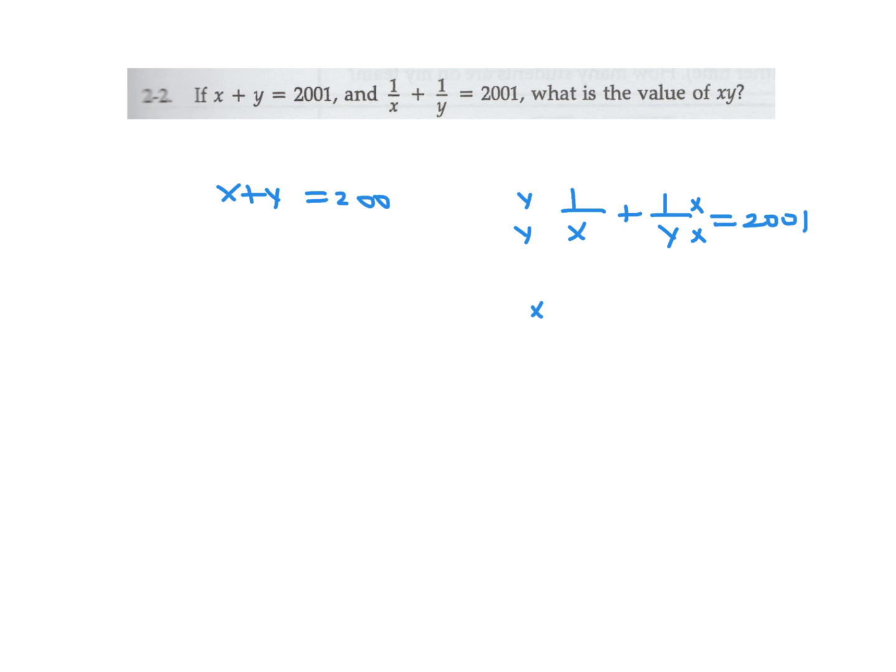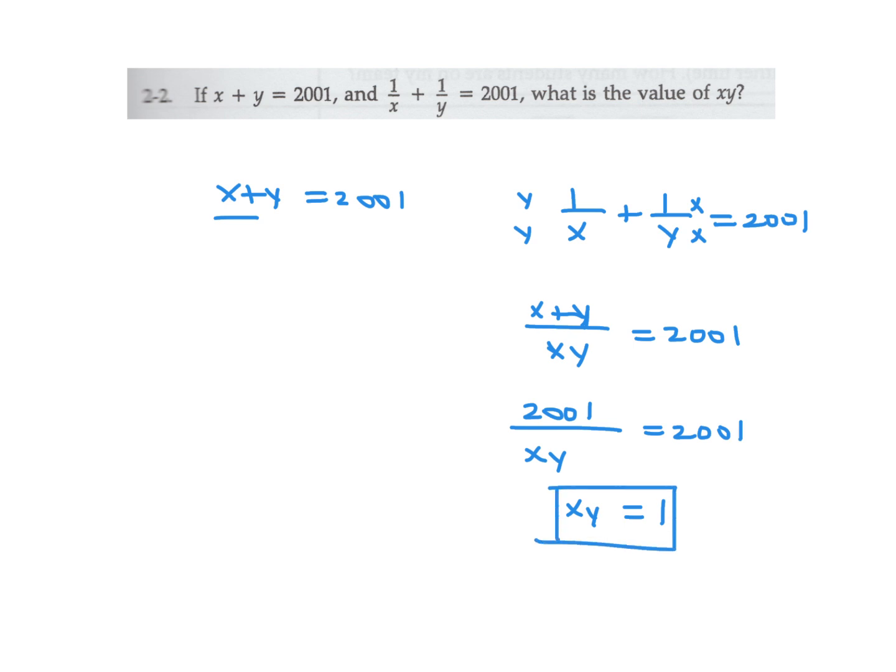That would be x plus y over xy is 2001. Well, x plus y is 2001, so I'd just put that in there, and that pretty much means that xy is equal to 1. And I think that's all they were asking.